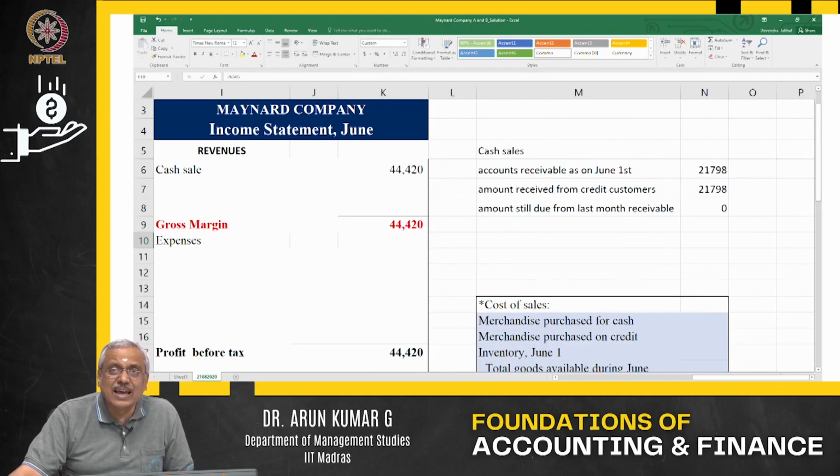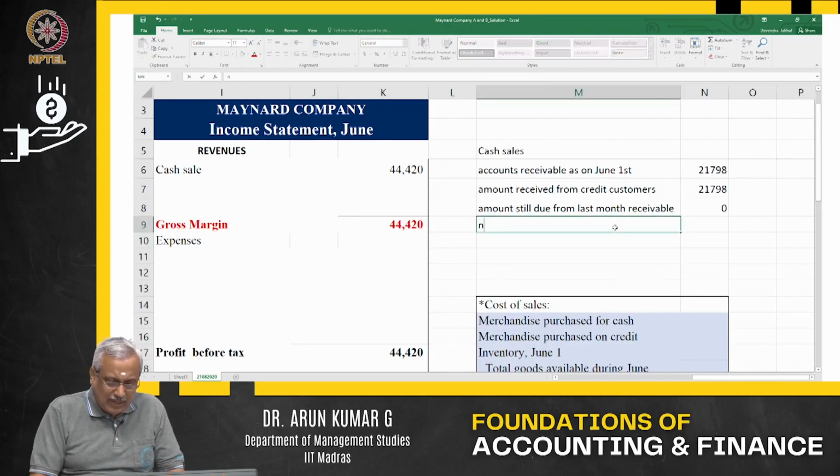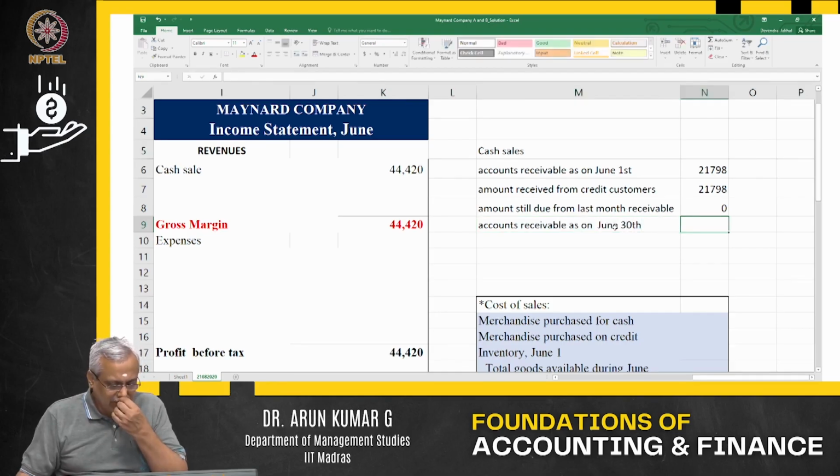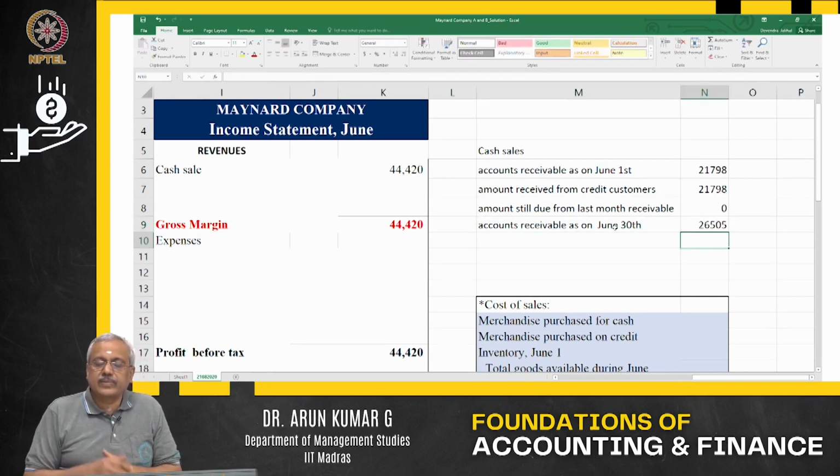Only when you make a sale, you will have to receive. So, what has happened? New accounts receivable as on June 30 is 26,505.